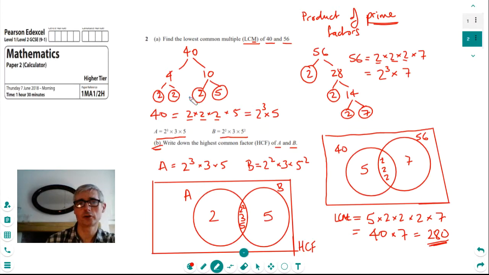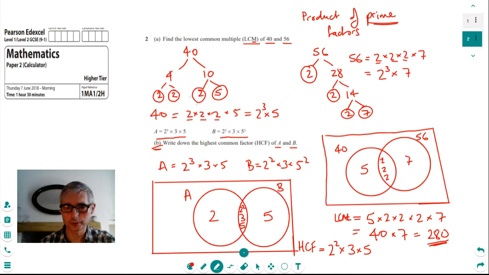Now the HCF for this one, i.e. highest common factor, which means what is the biggest number that will divide without remainder into A or B, is given by the product of the numbers that's in the centre bit, the intersection of the two areas. So we can see the HCF is going to be 2 squared times 3 times 5.